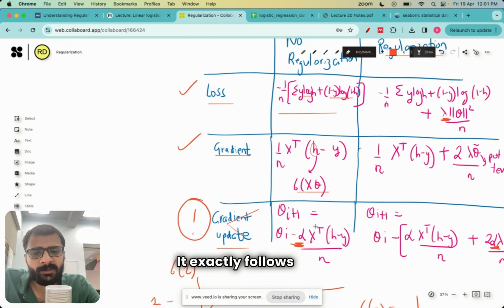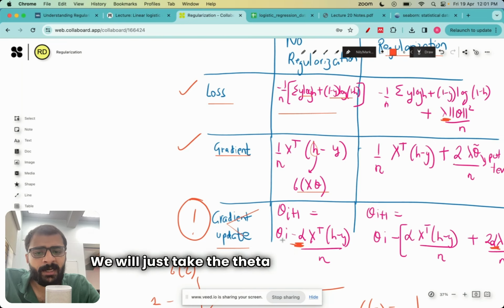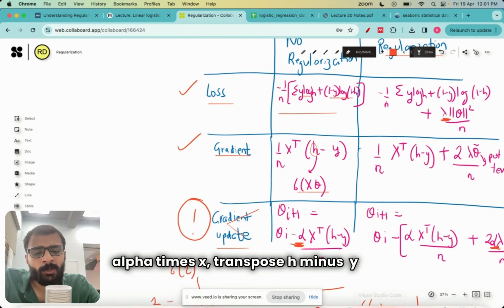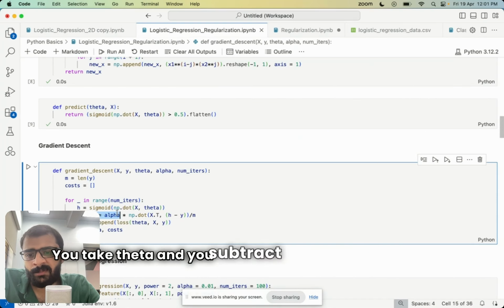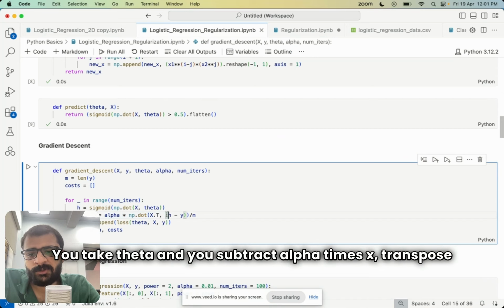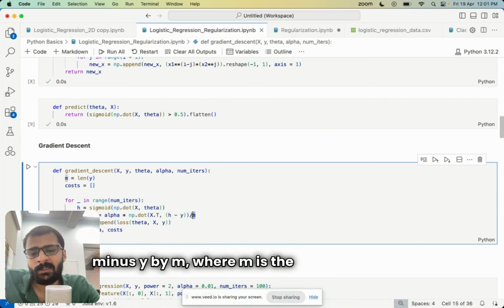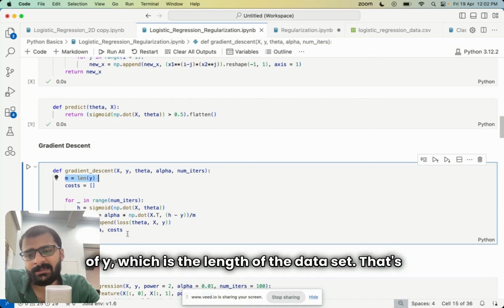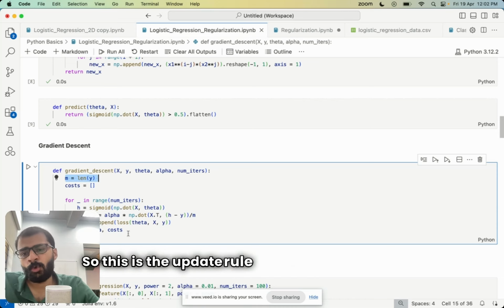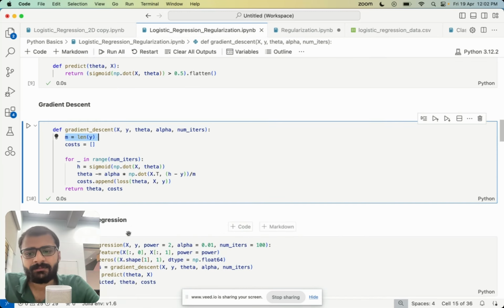It exactly follows this. We will just take theta and subtract alpha times x transpose h minus y by n. You take theta and you subtract alpha times x transpose h minus y by m, where m is the data size, length of y, which is the length of the data set. That's it. So this is the update rule in the gradient descent.